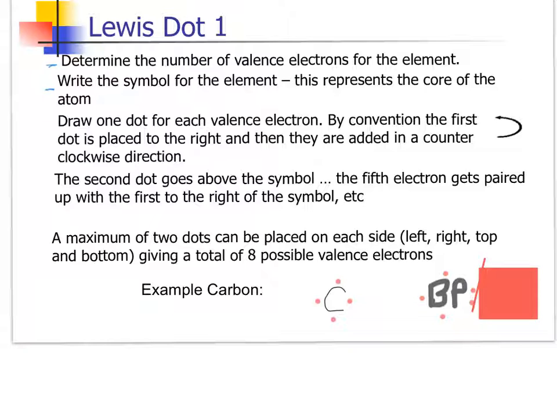And we'll do some examples, and that will, I think, help clarify some of that just a little bit more.